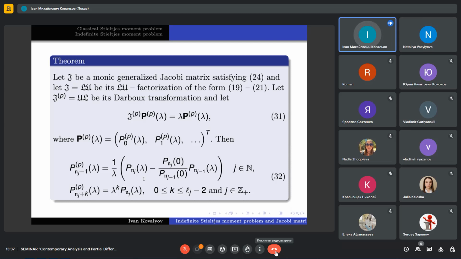If you know the classical Darboux-Christoffel formula, 32 is the generalized Christoffel formula, or sometimes it is called the Darboux-Christoffel transformation of the polynomials.